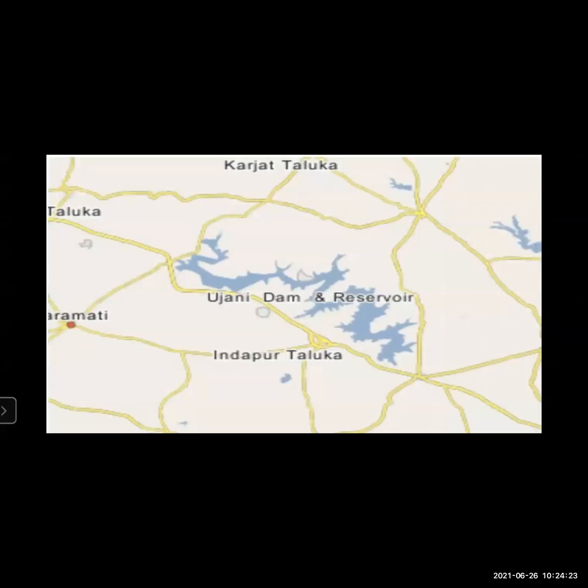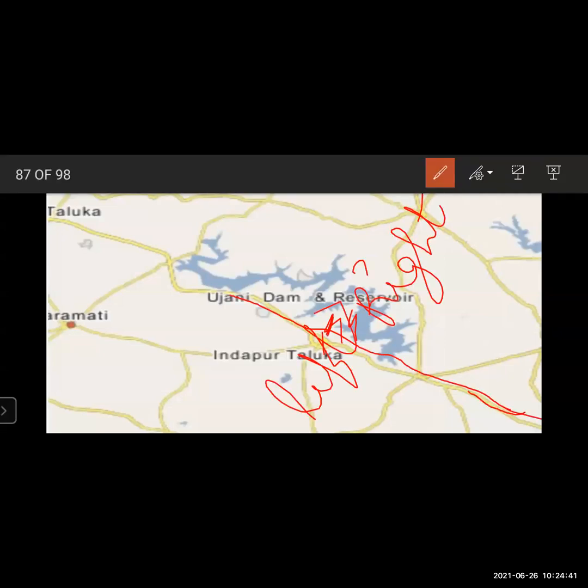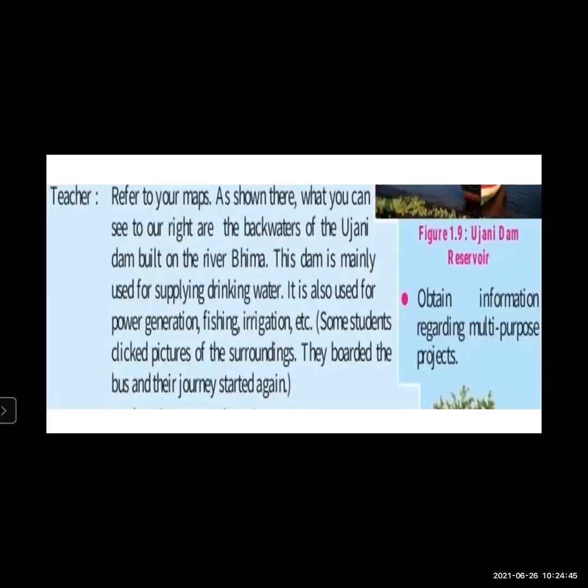To the right, what they have seen are the backwaters of Ujjaini Dam. Now what is backwater? This dam is mainly used for supplying drinking water. It is also used for power generation, fishing, irrigation, etc.